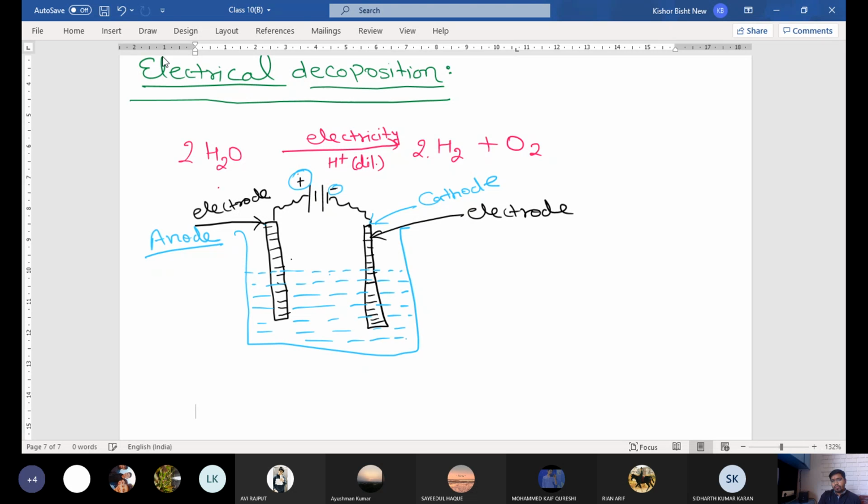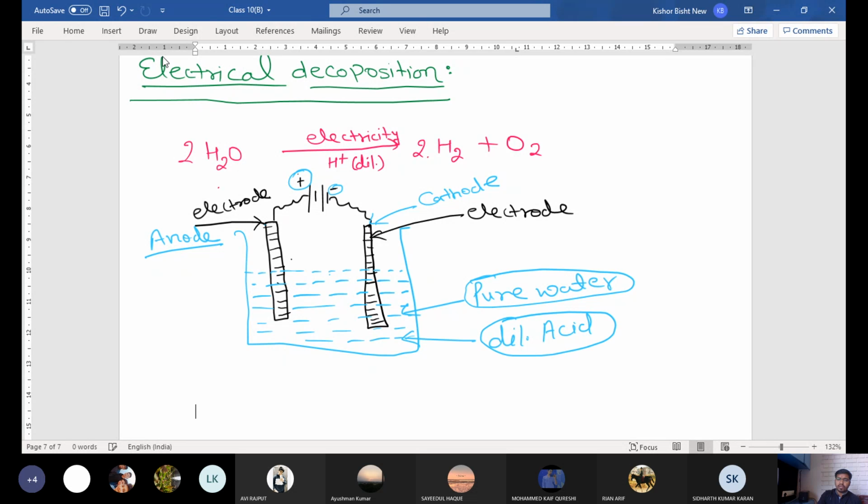Here we are taking pure water, and pure water is a bad conductor of electricity, so we have added a small amount of dilute acid in this one to make the water conducting, because pure water is a bad conductor of electricity. When we add the dilute acid in this one, then it conducts the electricity.